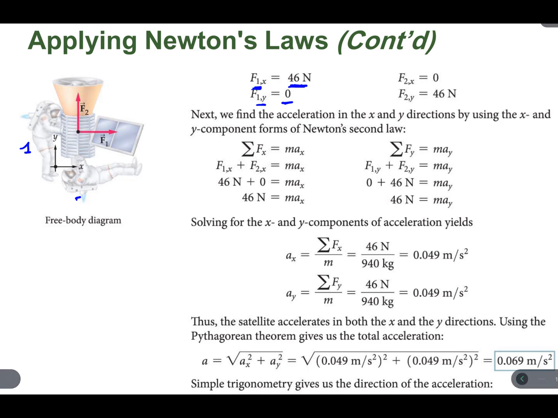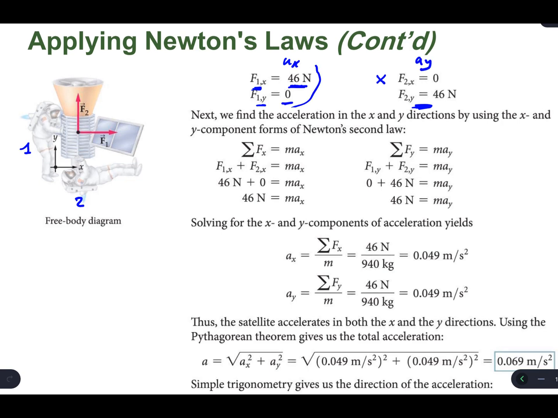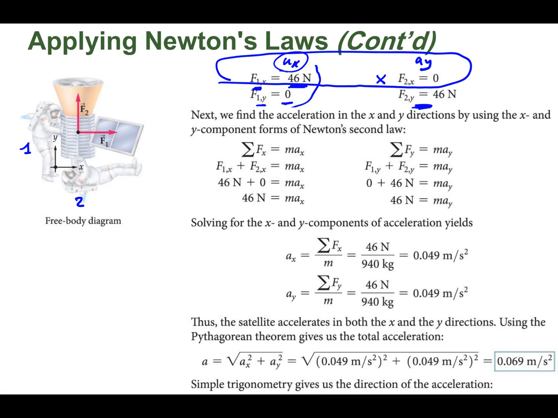The second astronaut applies a force only in Y direction, and doesn't apply force in X direction. So we can get AX here and AY here. Taking the summation of forces in X direction and dividing by mass, you will get AX, and the same for Y direction.